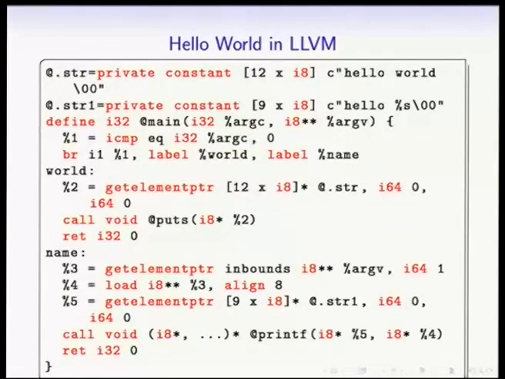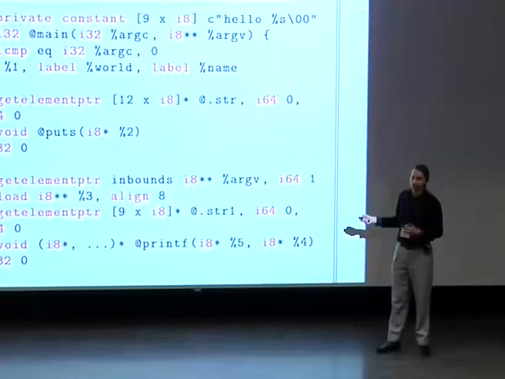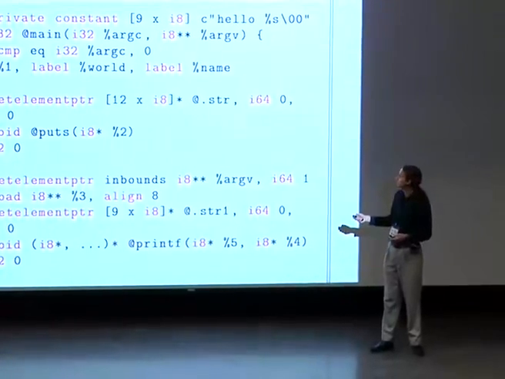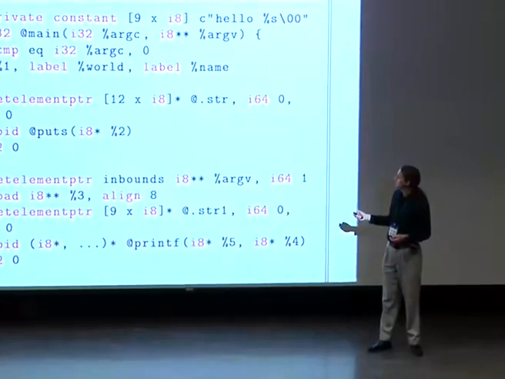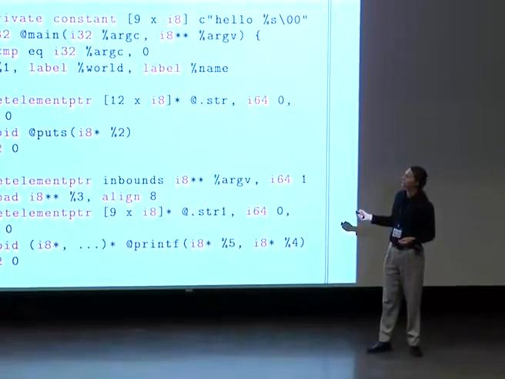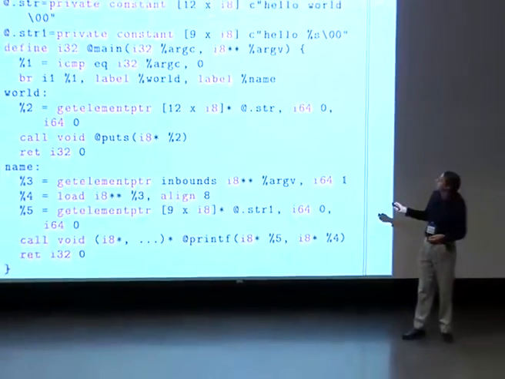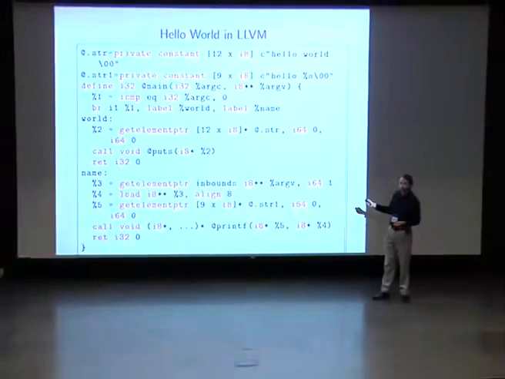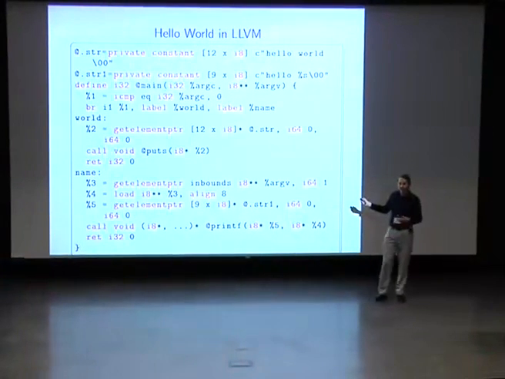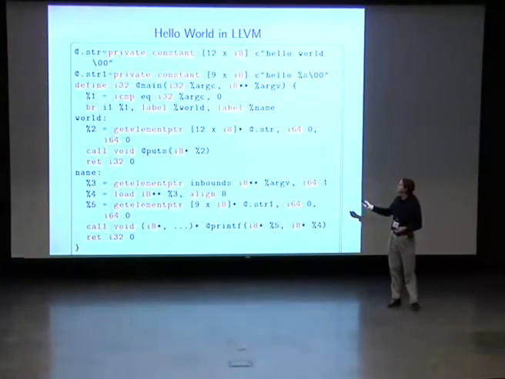So if you go into the world block, you have this get element pointer instruction, which I'll talk a little bit about later. This is basically how LLVM represents any of the complex addressing modes on a CPU. So this is taking this global register, which is declared somewhere up here, this string hello world, which is a 12-character i8, which is a char, basically an 8-bit integer.